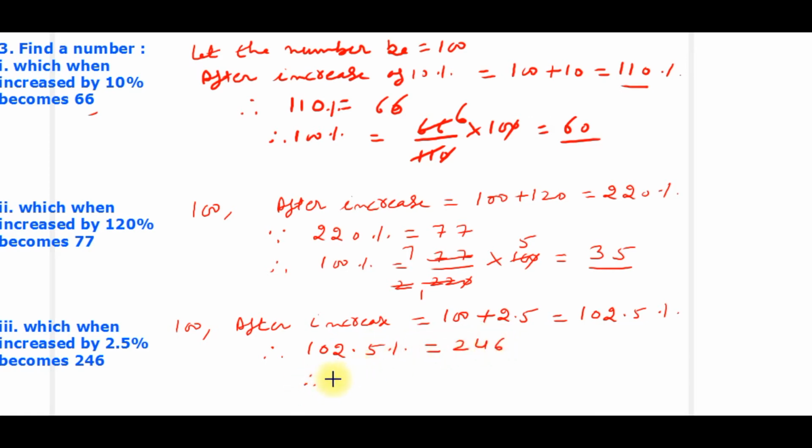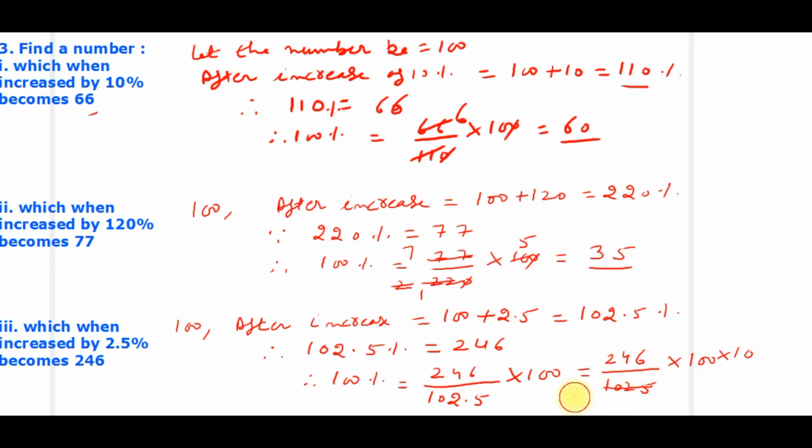So therefore 100% would become 246 upon 102.5 multiplied by 100. So here 10 would come, 246 upon 1025, the 10 would go above.